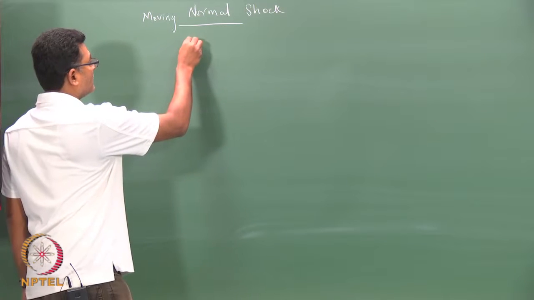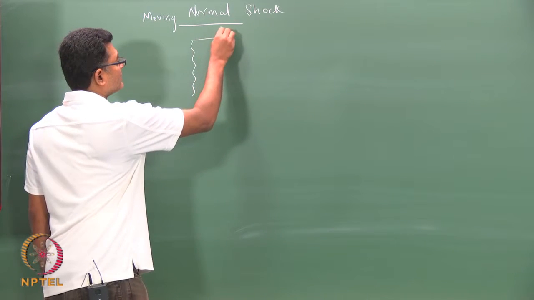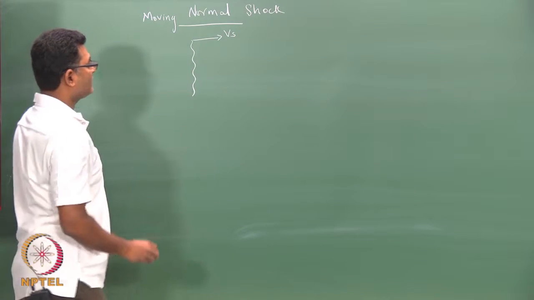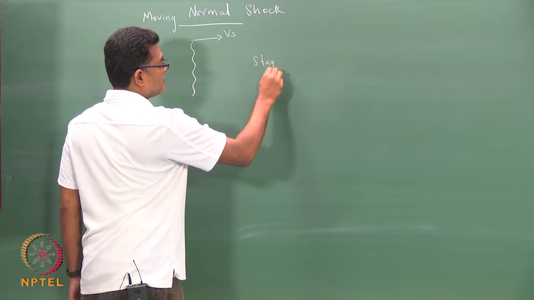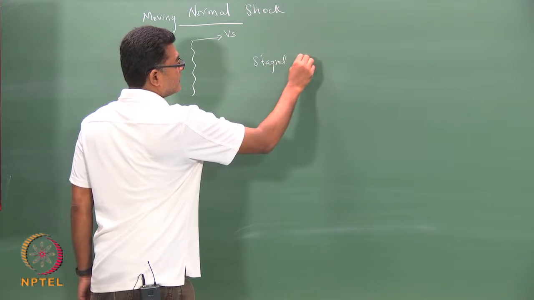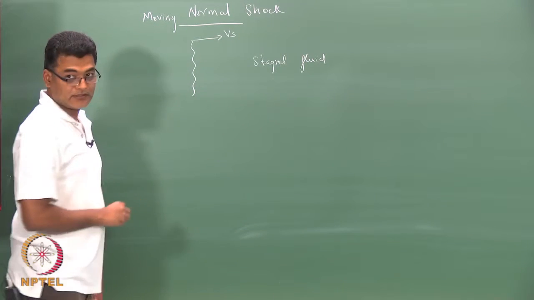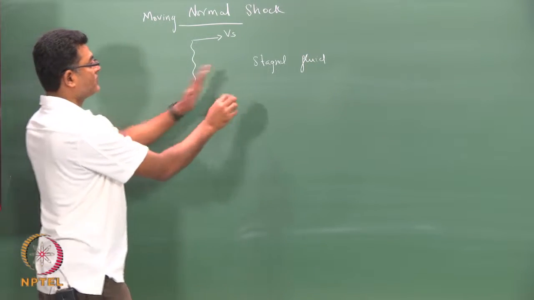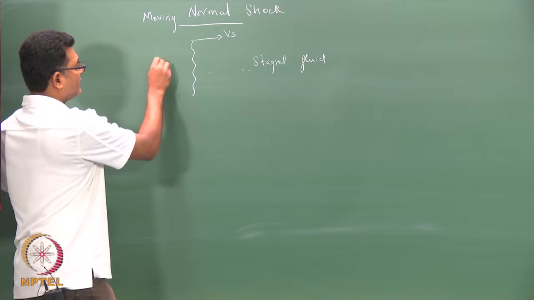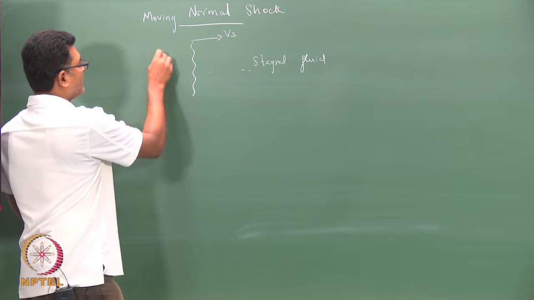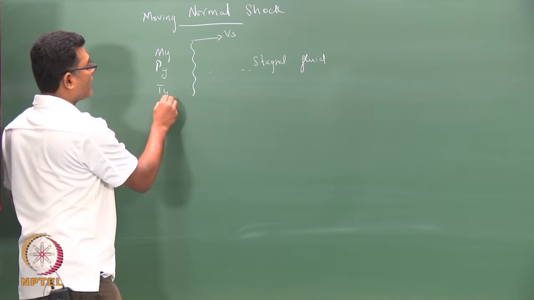I have a shock which is moving with some velocity. This is a stagnant fluid or gas, and as it moves it changes the properties here. So, here is my My, Py and Ty.